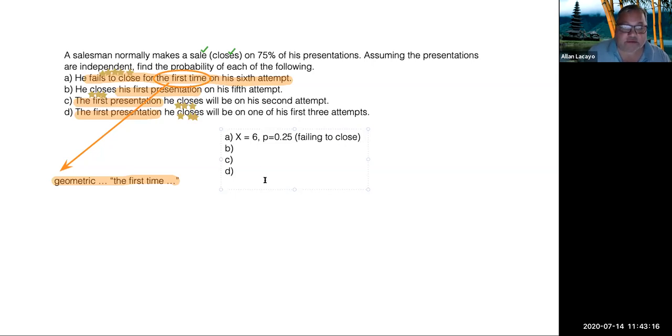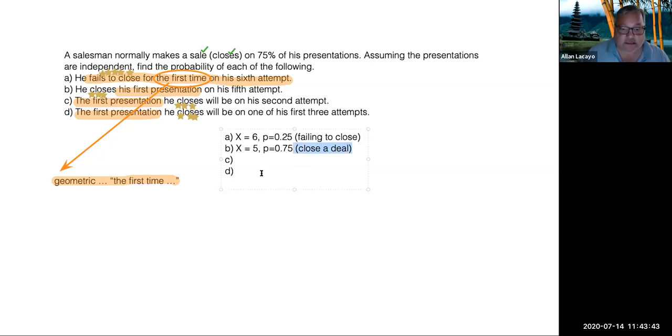Whereas in problem 2, we're talking about x being 5 and P being 0.75, because we are talking about making a sale, not failing to close the sale.